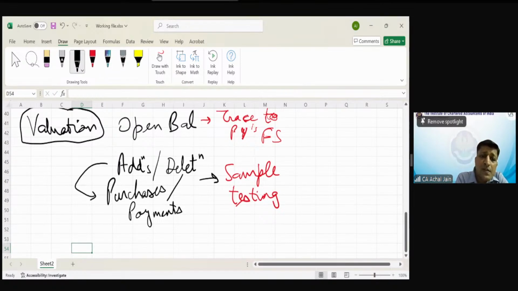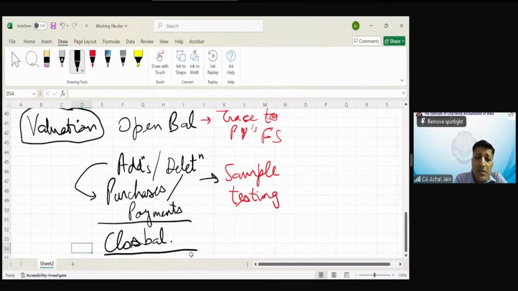Then the closing balance. Now in terms of the closing balance, one, of course, this closing balance is nothing but a built up of opening balance plus additions less deletions. Okay. So in a way, this is derived through this. Further on the closing balance, we have already discussed a confirmation procedure, because confirmation procedure will also help you in terms of the closing balance.